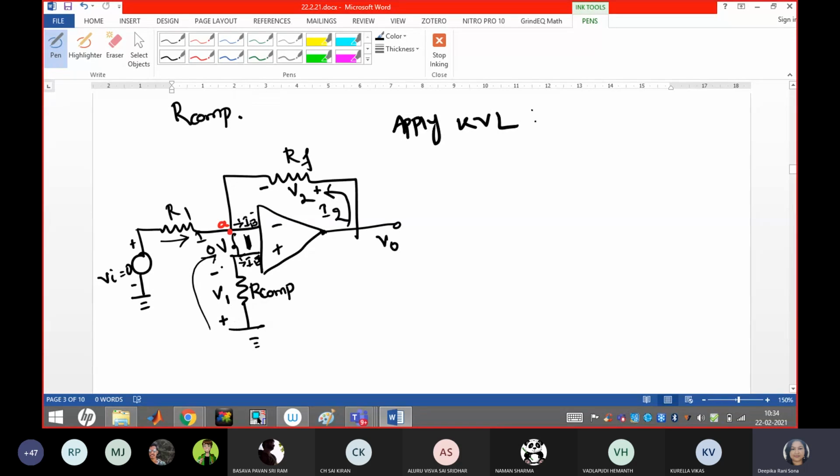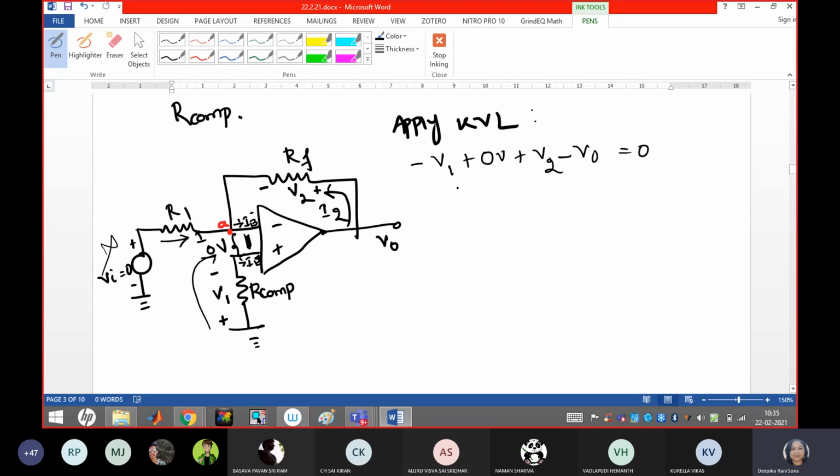So if I take the loop from here to here, because I cannot pass inside, right? If I take the summation of the whole voltage appearing here, because our input side is totally 0, we are not considering this one. So if I take this negative voltage, minus V1 plus 0 volt, which appears here, plus V2 minus V0 equal to 0.